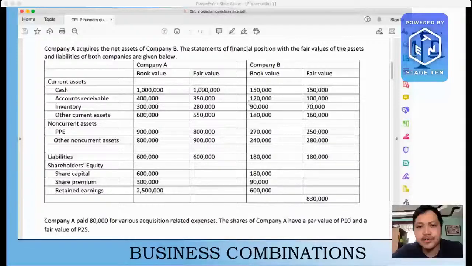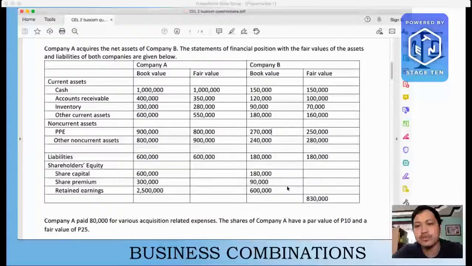Because for the acquiree, the book value will not be relevant if the fair values are already given. So you can mark this with an X, class. You can cross it out because the only relevant valuation for the assets and liabilities of the acquiree, as far as the acquirer is concerned, is the fair value.